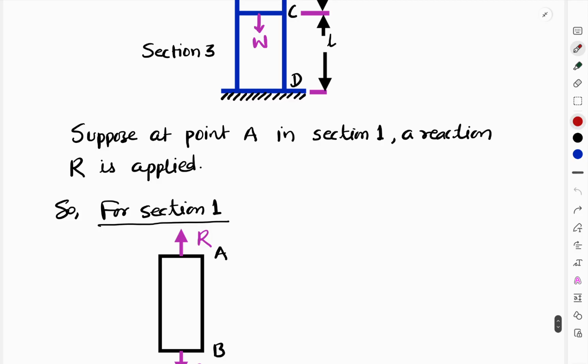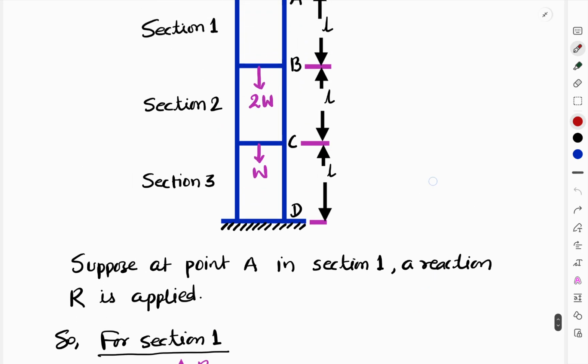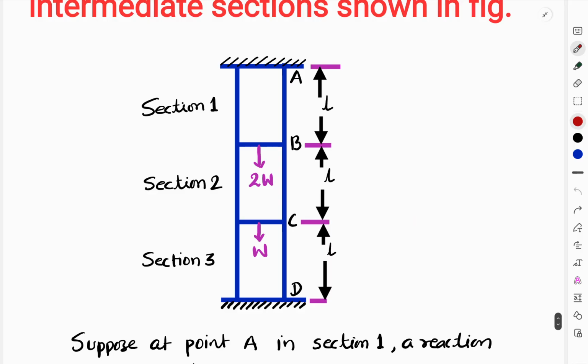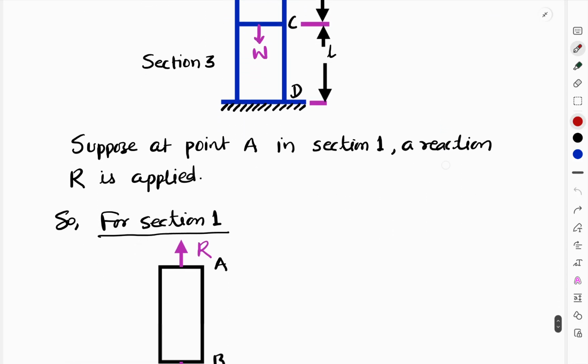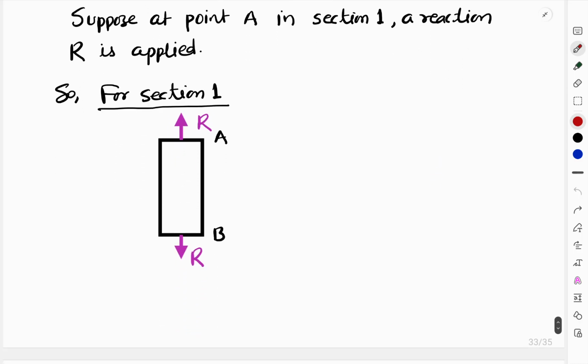Suppose at point A in section 1, a reaction R is applied. Assuming a reaction R is applied at point A, as this is fixed, due to fixity, reactions will be developed. Suppose reaction R is developed.